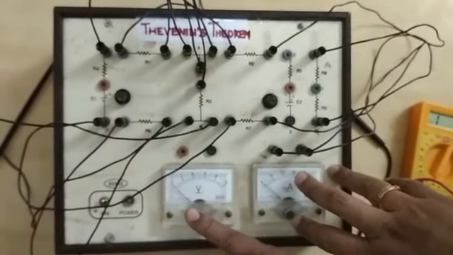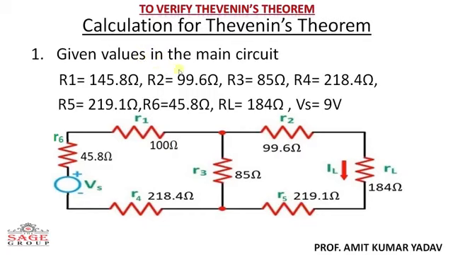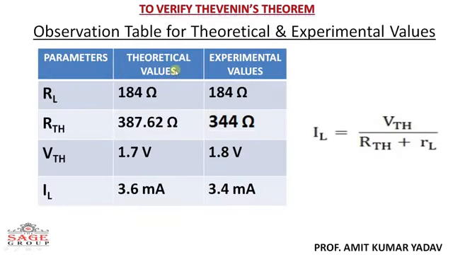Okay, student. Now after performing the experiment, we write down the values of various resistances and the voltage source which we have already measured, 9 volt, and this is our main circuit. Now this is the observation table of theoretical and experimental values of the different parameters which we have calculated.